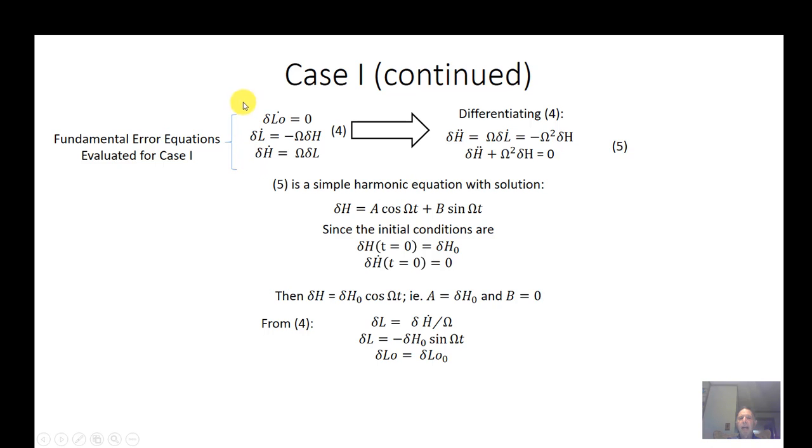Remember, we also had the condition of heading equals 0, latitude equals 0, that is at the equator, and also no transport rates.